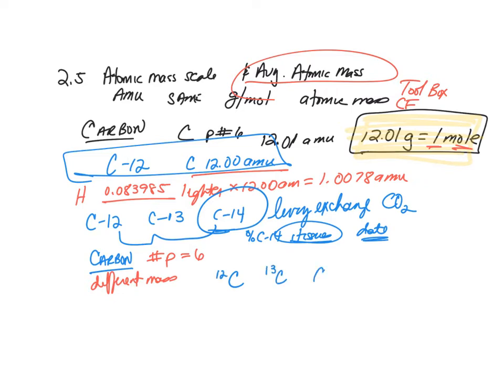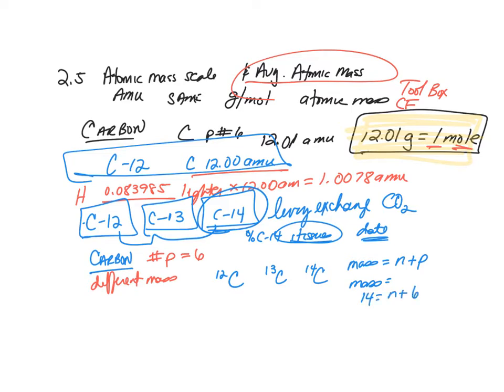But on a regular day, I can't remember if it's on the top or the bottom. We understand this is another way to write it. The 12, 13, and 14 is the mass. So mass equals neutrons plus protons. For 14, the mass equals number of neutrons plus 6.